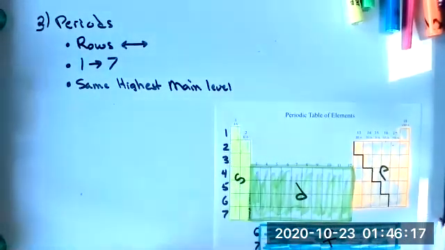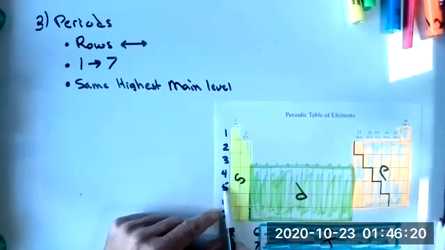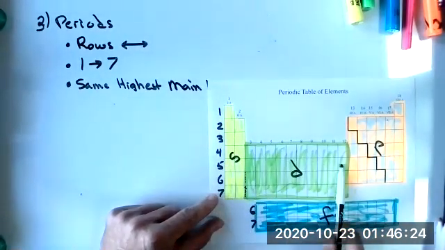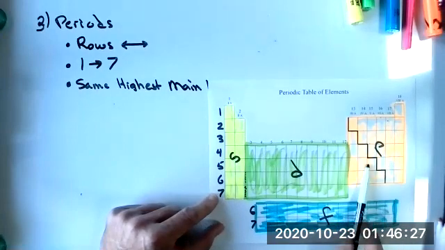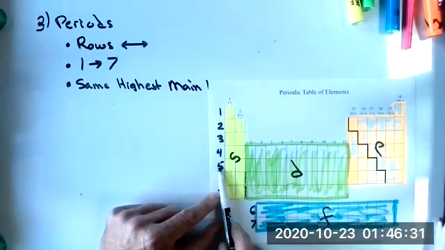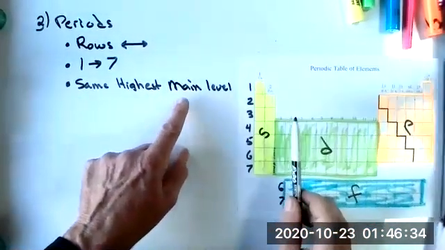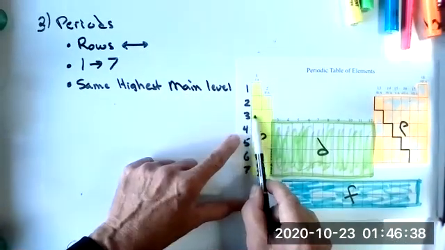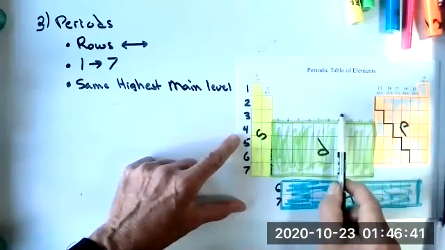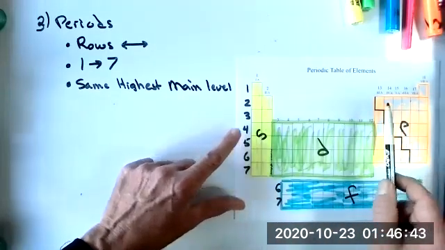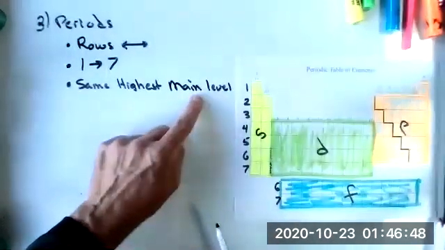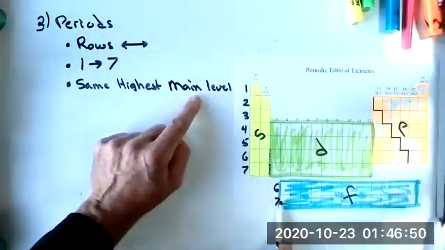Maybe it does for me because I know what I'm doing. So if I'm right here, if I am in this period, I know that every single one of these elements, these atoms, are filling the fifth main level. If I'm here in period 3, I know that all of these guys are filling the third main level. And that's why you only have 7 on the table.